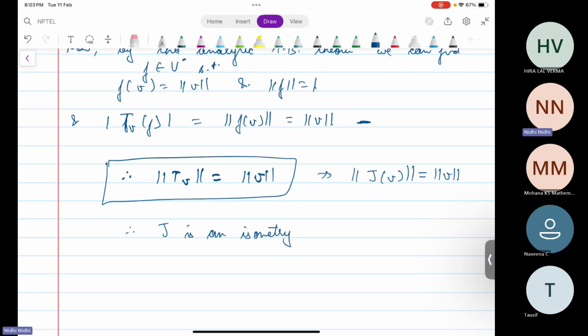And we know that an isometry is one-to-one.